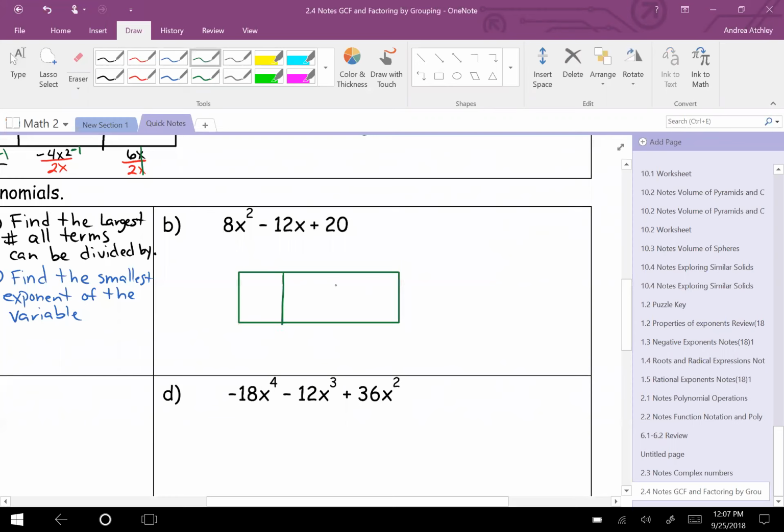Okay, class, what did we get for the GCF? 4. Good. Can we factor out the 4? Let's write this in.